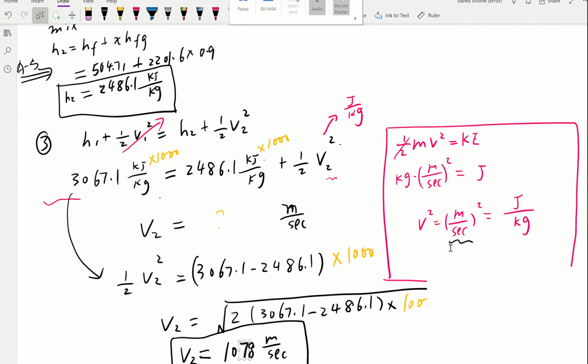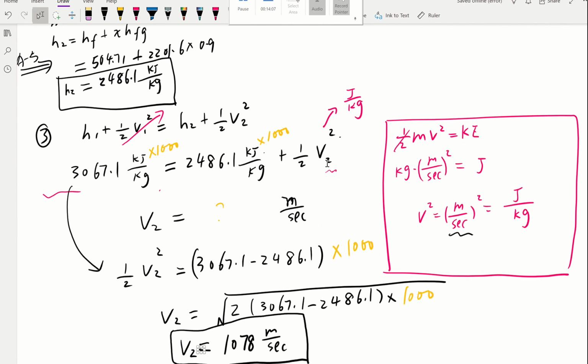And then, the most important thing is to realize, whenever you solve any nozzle or diffuser problem, that your H from the table is likely in units of kilojoule per kilogram. So make sure you times 1,000, then put it in your calculator. That will allow us to get our velocity in units of meter per second.